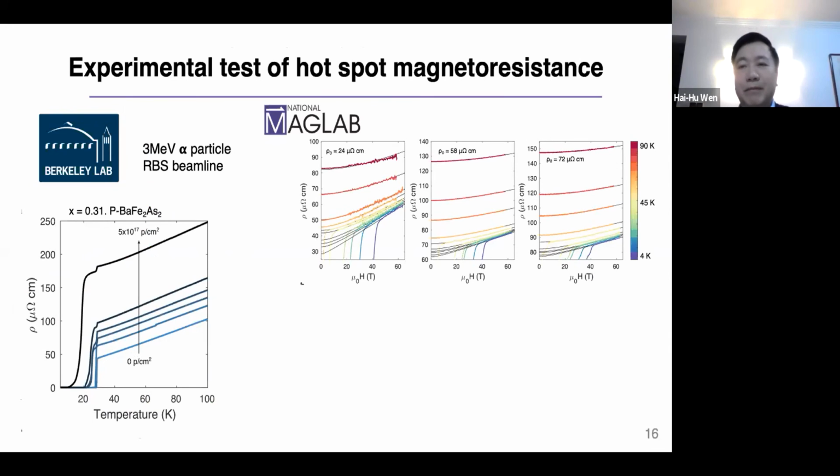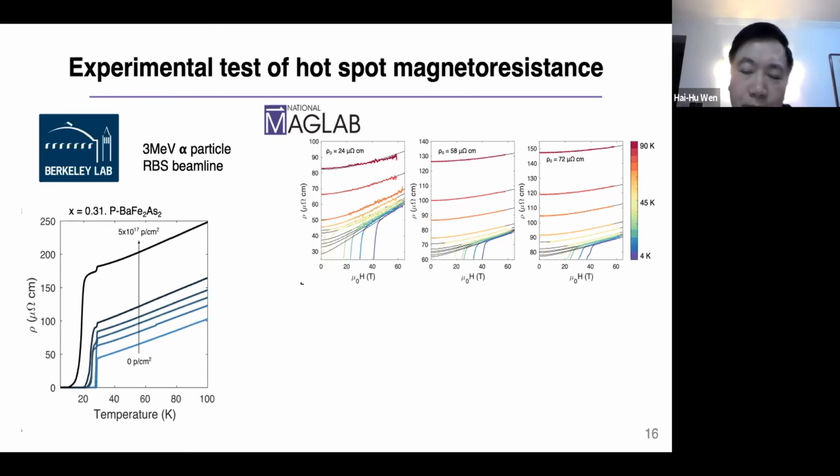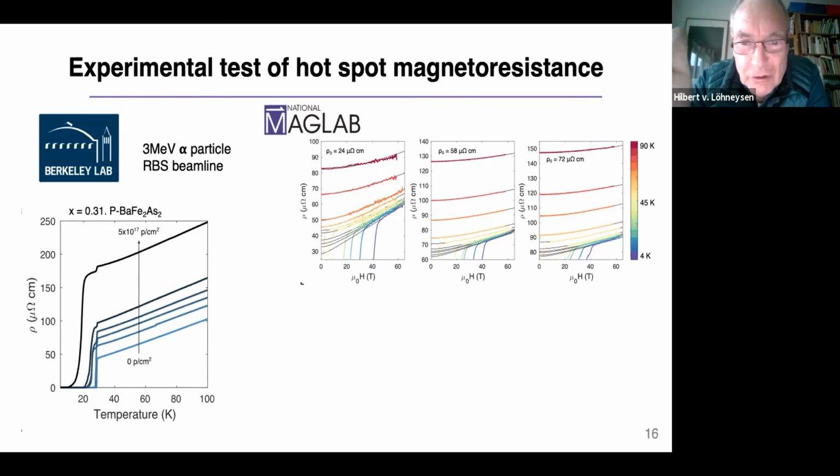I would like to have a comment on that. In this work of Achim Rosch, he showed that if you are at a quantum critical point and have a disordered system, then the hot spot, cold spot interaction will be stronger.